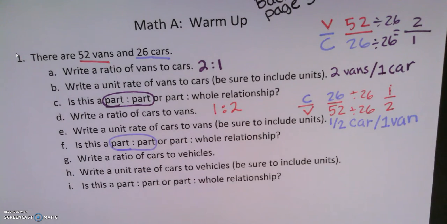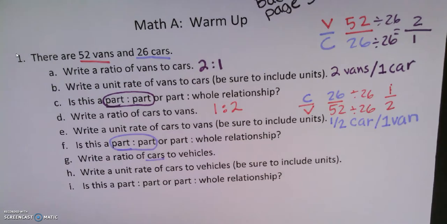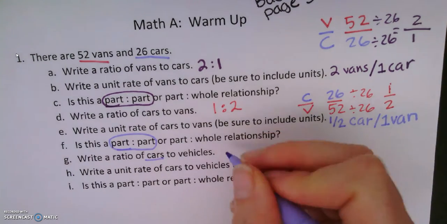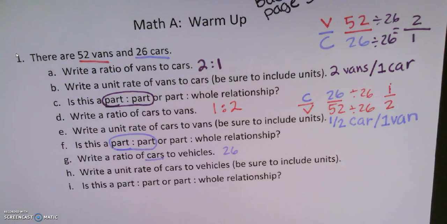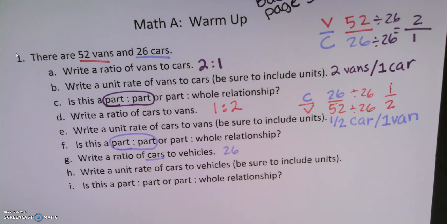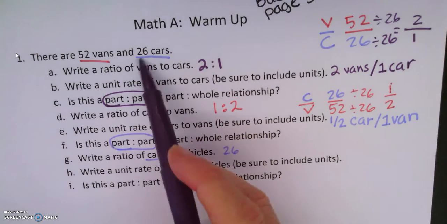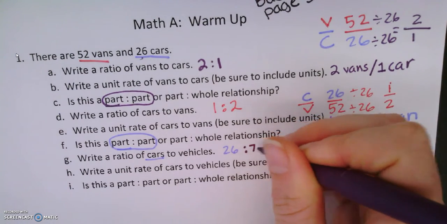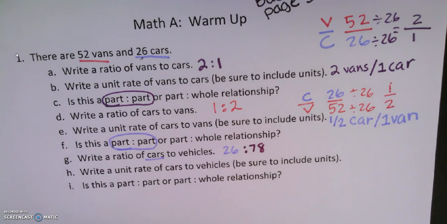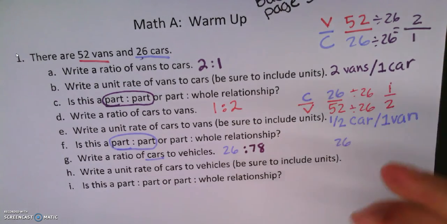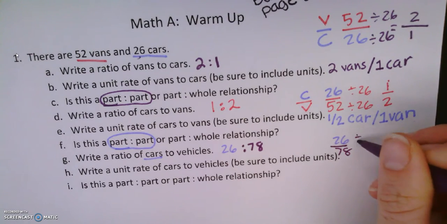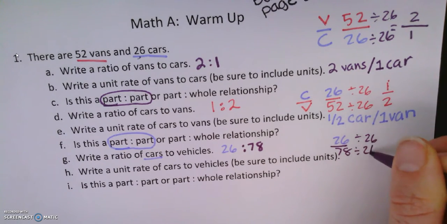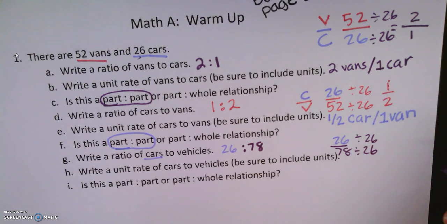So now we want to look at the ratio of cars to all of the vehicles. Well, we know that there are 26 cars, and how many total vehicles are there? Well, to find the total vehicles, I'm going to add up 52 and 26. 52 plus 26 is 78. So 26 to 78. And of course, if we want to simplify that to start looking at our unit rate, 26 does go into both of these. So when I divide, 26 goes into 26 once, and 78 3 times.